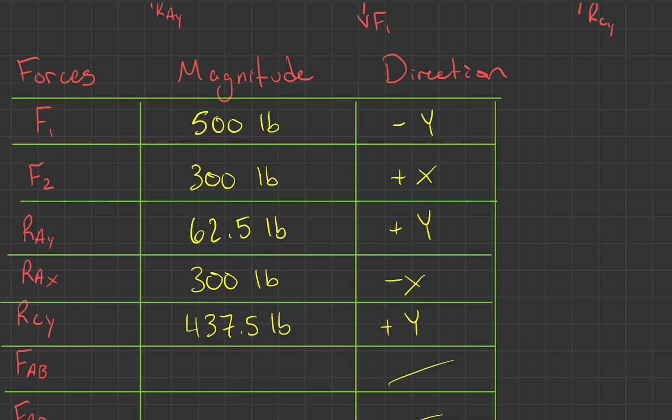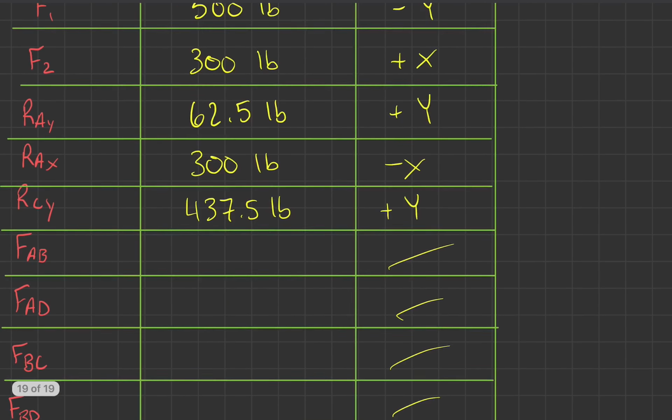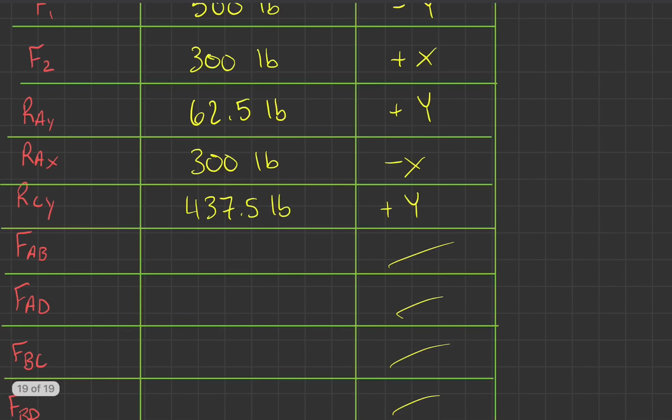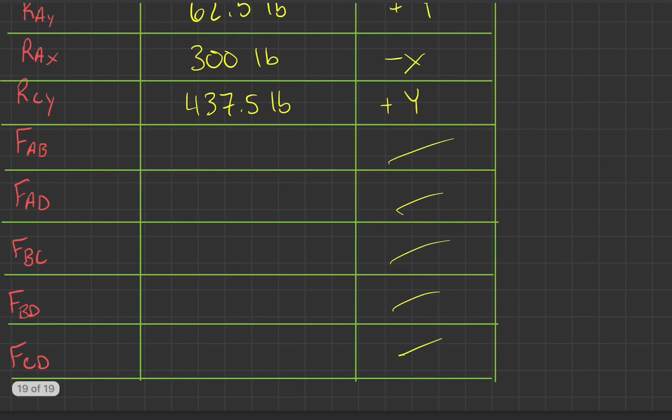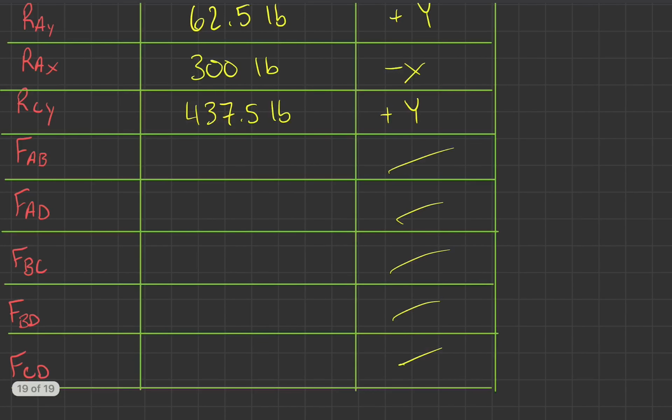Now, like I said, when you're doing these problems, I like to set the summary up right after I determine if something's statically determinate. In this way, you write down everything that you know and everything that you don't know, and then you know when you're done calculating, and you don't have to go back through and look at anything. Okay, so the force inside of member AB was 350 pounds.